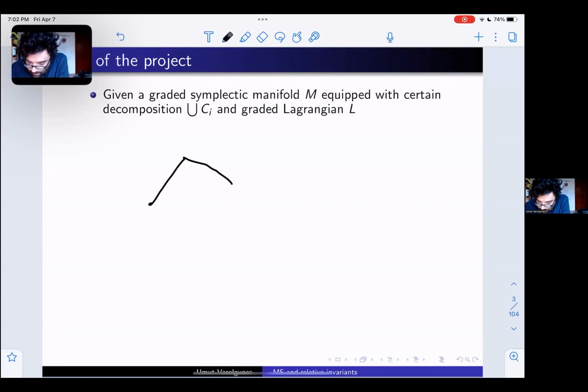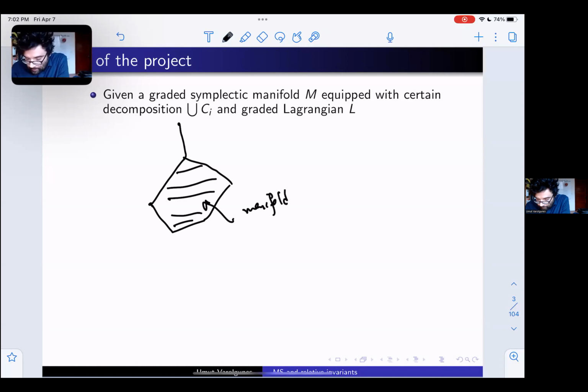So, I want to decompose my manifold into certain kinds of manifolds with corners. So this is a manifold with corners. But the picture is supposed to be a picture inside the symplectic manifold. So there's not going to be a base or something. It's just in the symplectic manifold, I'll give more details.